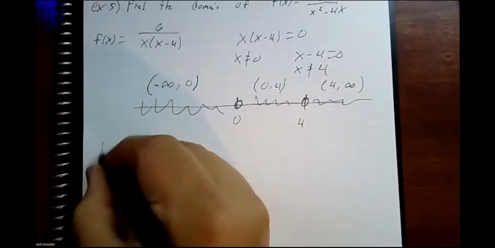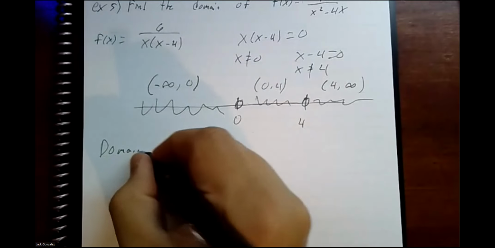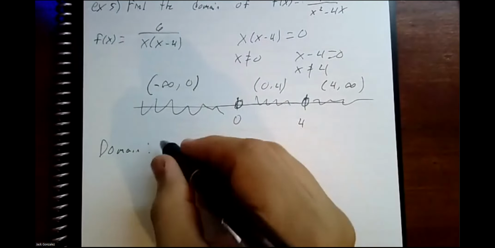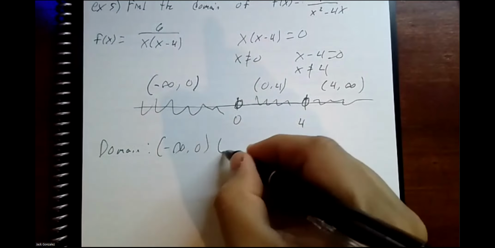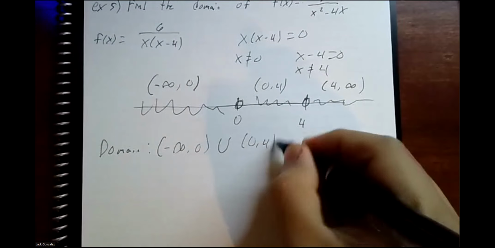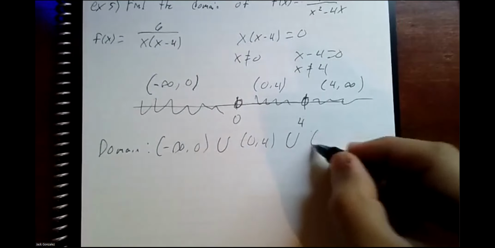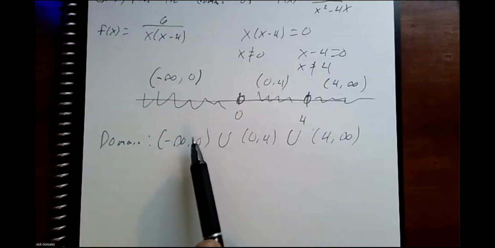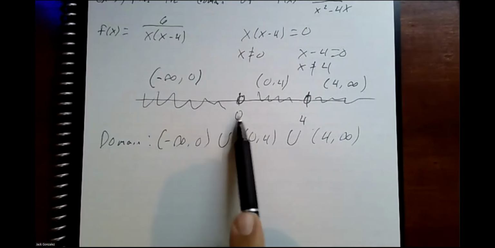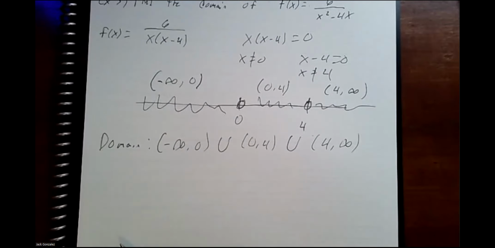So to answer the question, in interval notation, you would say, all right, well, this first part unioned with the second part, unioned with the last part. So these three pieces is how you would represent everything except these two spots. But you can also do it this way.